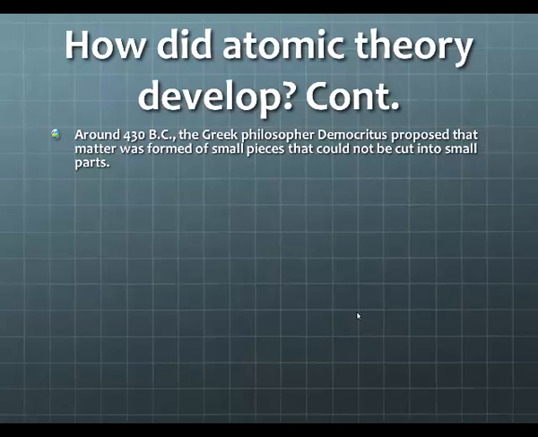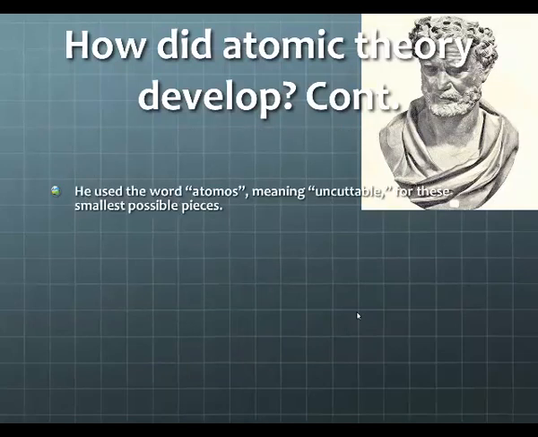They were the smallest unit. And he used the word atomos, which meant uncuttable. He used that word to represent the smallest possible pieces of matter that existed. And we have adapted that term to modern English, and we use the term atom to describe the smallest piece of matter that is uncuttable.